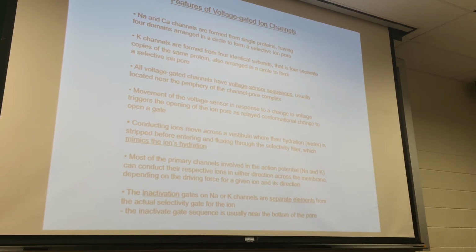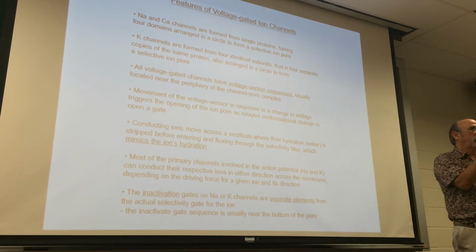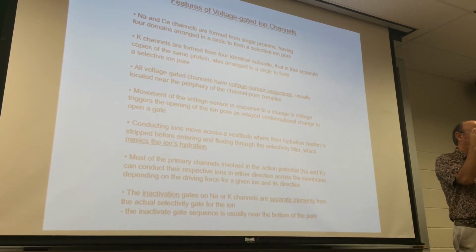Okay. So the hydration sphere is actually stripped off, and then it goes through the narrowest part, which selects which ion. And the amazing thing that McKinnon discovered was that that pore, the arrangement of the amino acids there and their charges, they're absolutely mimicking the hydration sphere.